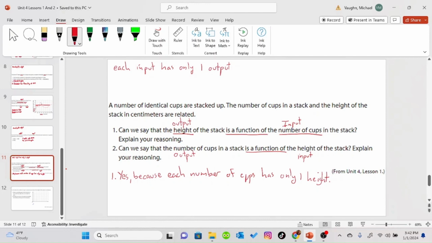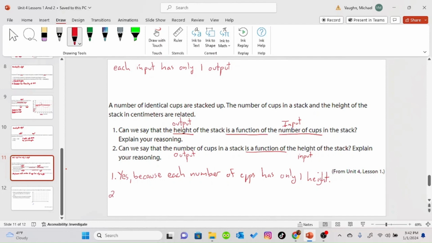Again, if I have a stack of cups that is 10 centimeters tall, there can only be one number of cups that makes that stack. I couldn't have a 10 centimeter stack of cups that was both 5 cups and 10 cups.